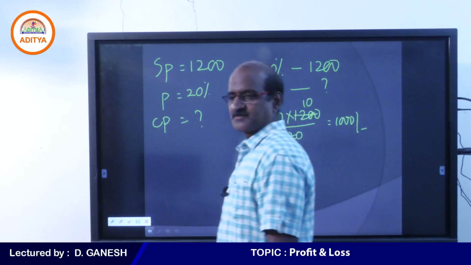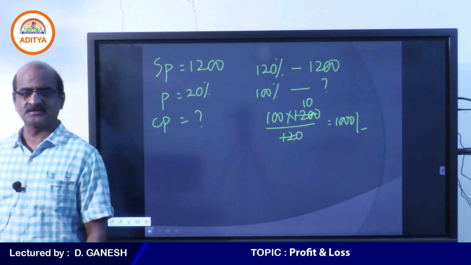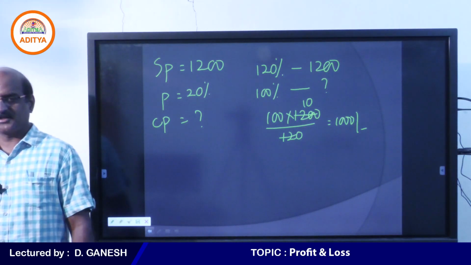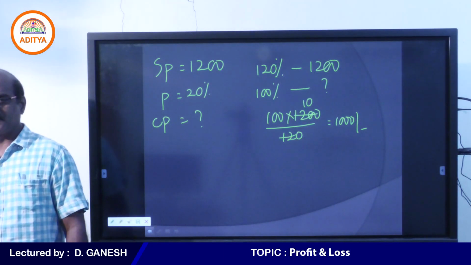You understand that? So when you are given selling price, you must do the question something like this. I hope that you get it right. So probably some simple exercise will help you to get it perfect.